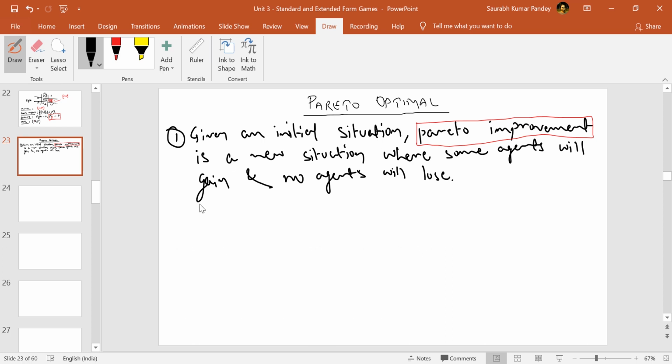It's not that somebody is gaining without thinking about the other agents. Of course somebody can gain, but it doesn't mean that others may lose their utility. So this is one point.